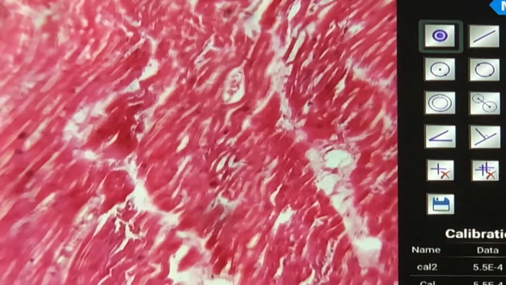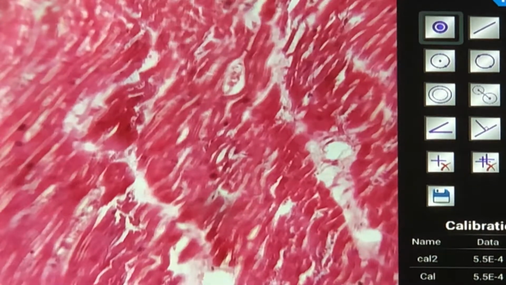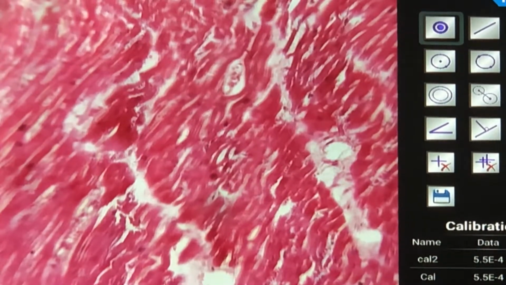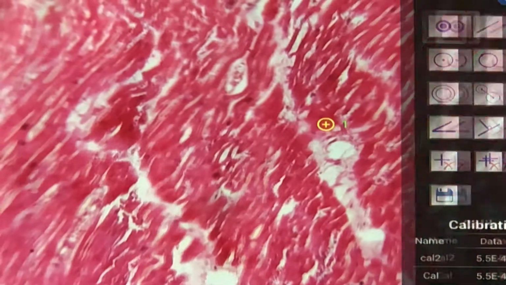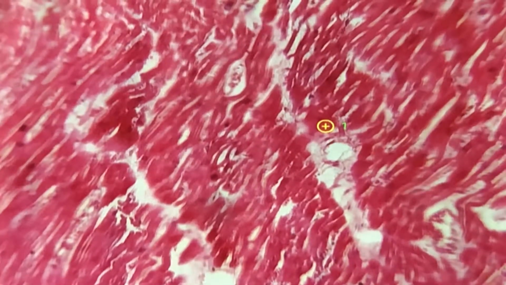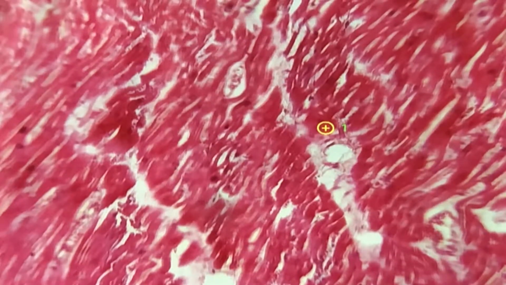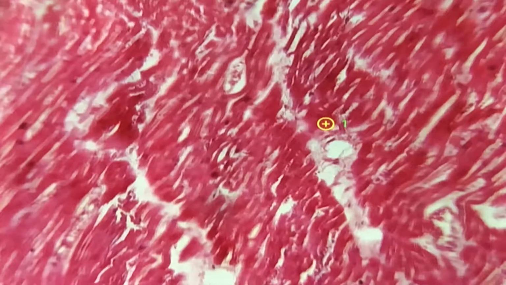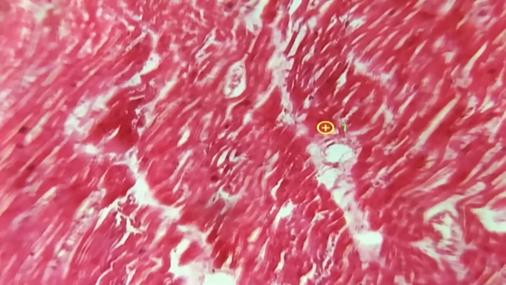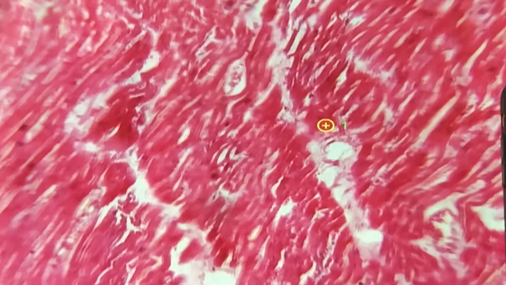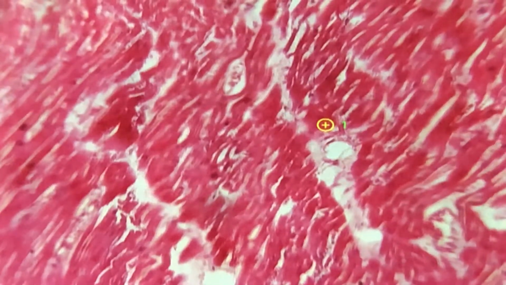In low power, normally you would not see the cardiac cell nuclei as prominent. But here you will see a very prominent nucleus. Even in low power, you could already see the nucleus. That one, the cell that I pointed at in pointer one, you see the blue one is bigger, and you can see that with naked eyes using a low power objective.